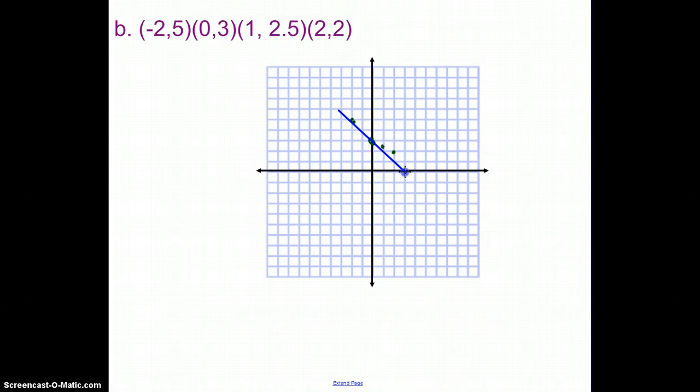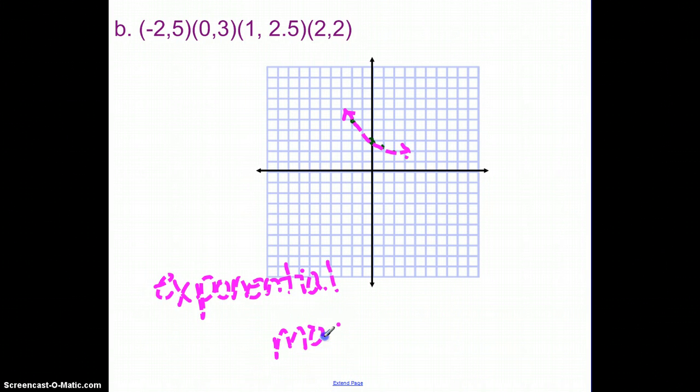I can see they're not going to fit on the line, which is my first clue that it's not linear. I can tell it's got a curve somehow for that to happen. So that means on this one I'm going to know that it's exponential. So it's an exponential model.